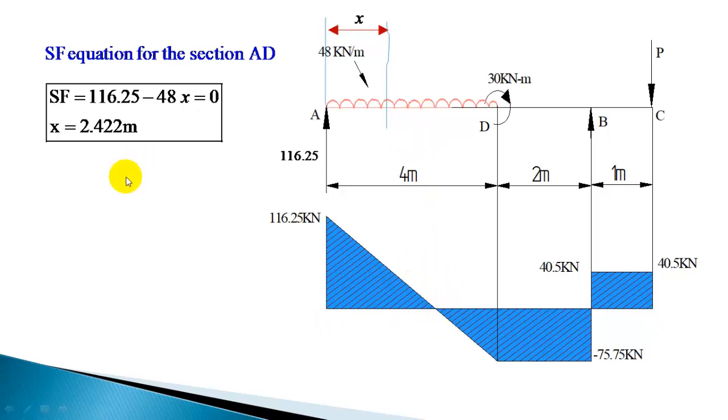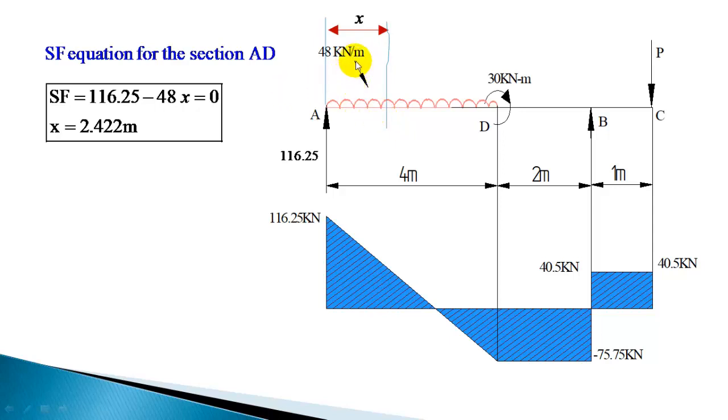So you can write down the bending moment equation. The same forces are there. You are calculating the bending moment for this point, and that point is in the section AD, which we have already taken. Now you have to write down the bending moment equation for that section. You can see two forces. This will produce a clockwise rotation, and the moment of that force we just multiply with x, and this force is a downward force, negative moment.